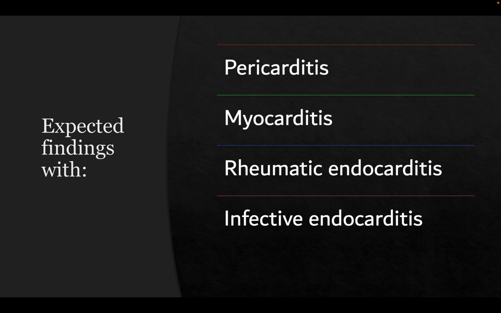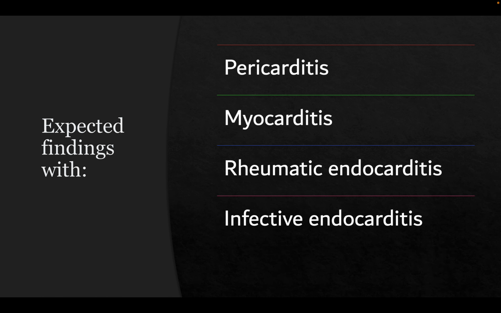So some expected findings with these different diseases, and you'll want to know these and their particulars to each one. So pericarditis, this is the inflammation of the pericardium. It commonly follows a respiratory infection. It can be due to myocardial infarction, that MI that we've talked briefly about.